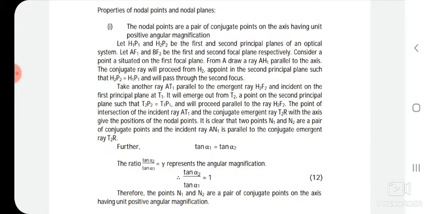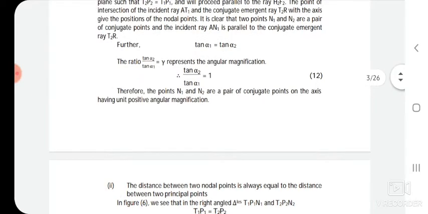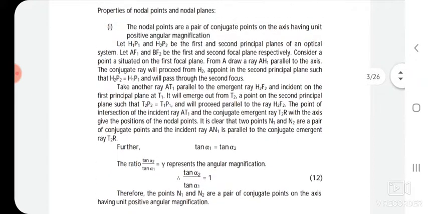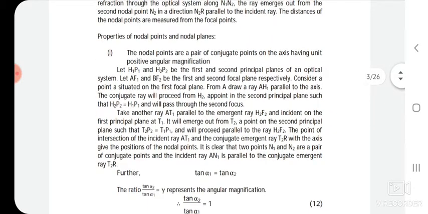Therefore, the points N1 and N2 are a pair of conjugate points on the axis having unit positive angular magnification.